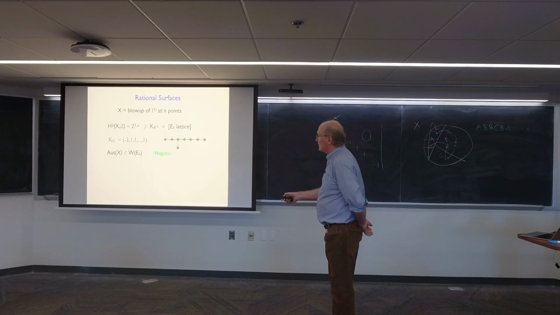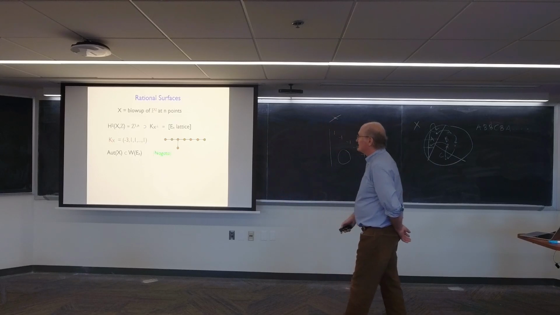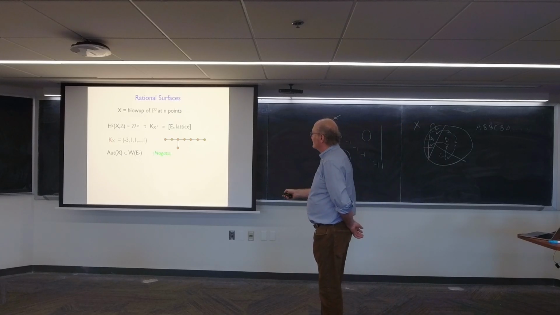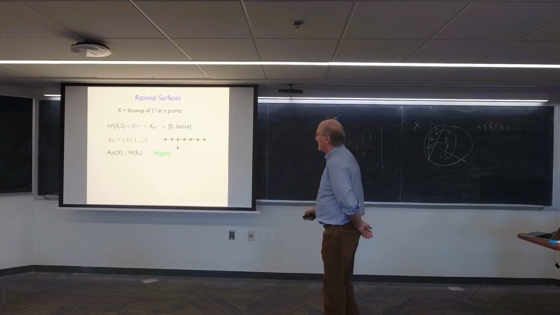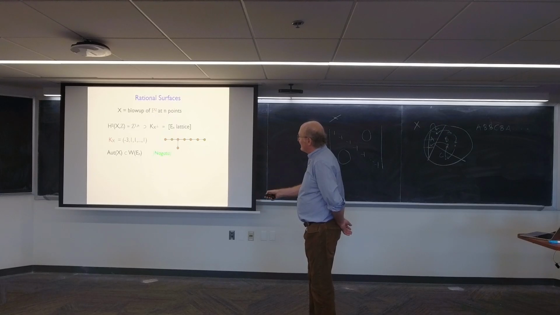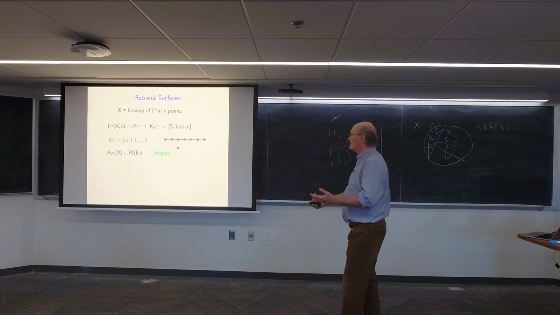So the canonical class, by the way, has this very simple form. It's this vector (-3, 1, 1, 1, 1, 1), with respect to the basis I just mentioned. And the intersection form restricted to E_n is one of these Coxeter diagrams. And Nagata showed that not only do the automorphisms preserve this lattice, but they must lie in the Weyl group generated by reflections.